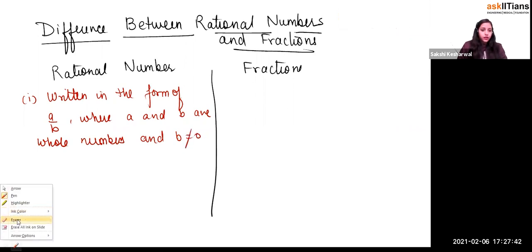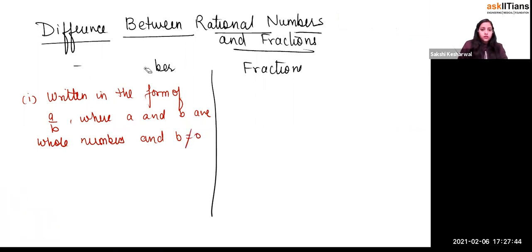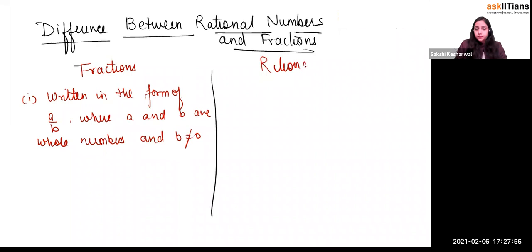Let me just do the correction. This is a fraction, and this is what, beta? Rational number. So we say that fractions are written in the form of A by B, A and B are whole numbers, and B cannot be equal to 0.